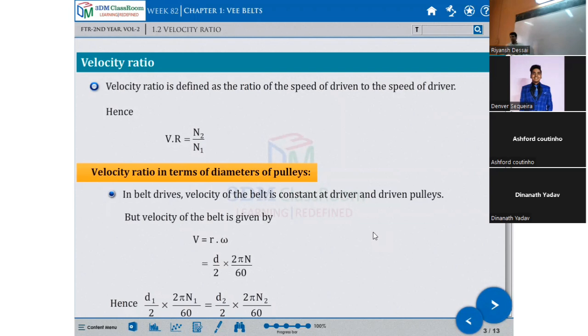How do you compare that expression? It's a ratio of driven pulley to the driver. So suppose in any calculation we are given the velocity ratio, we need to find out the diameters and input this into the equation.